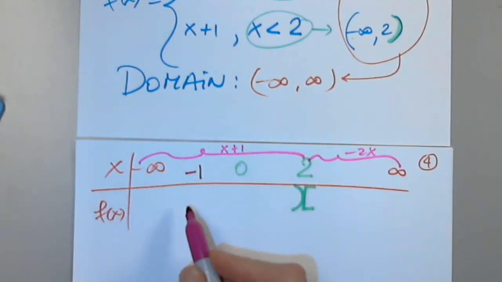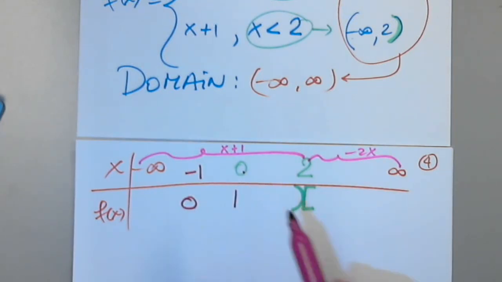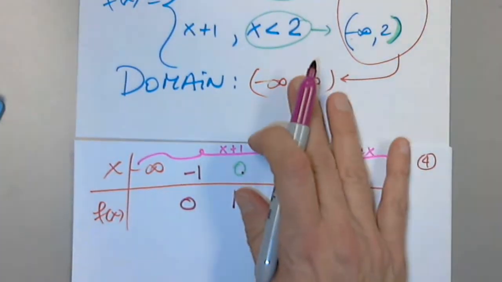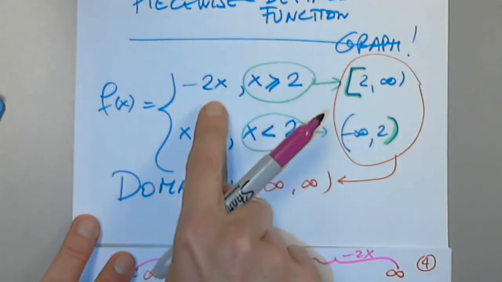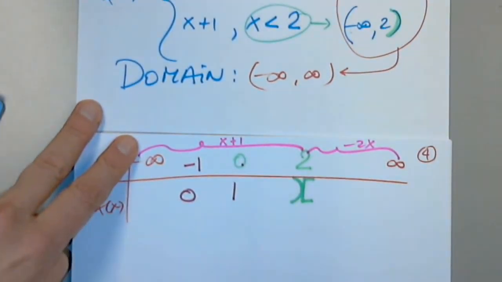So plug in negative 1, what do we get? Of course. Plug in 0, what do we get? Plug in 2, and you should say no. Why should you say no? Because I cannot plug in 2 in this expression or function. I can plug into here. Bear with me if you remember from last time.